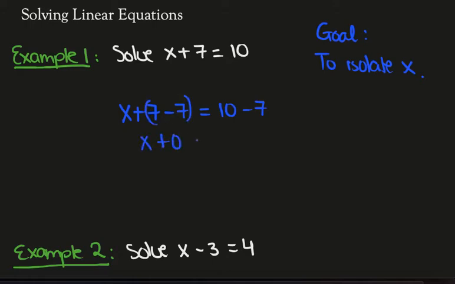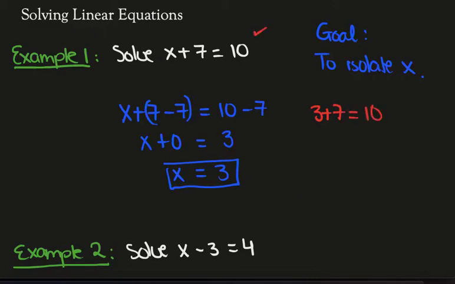So we have x plus 0, and then we'll have 10 minus 7, which is 3, and x plus 0 is just x, so that gives us x equals 3. And let's say you wanted to check this, you don't believe me that this is the way to do it, well, let's just put 3 in there and see if it works. Well, if x equals 3, then we have 3 plus 7, and that indeed equals 10.